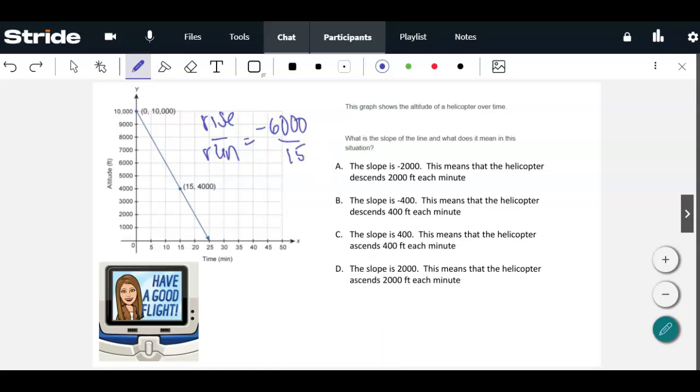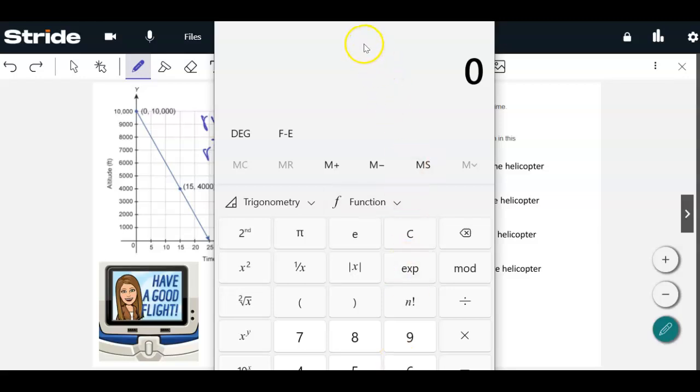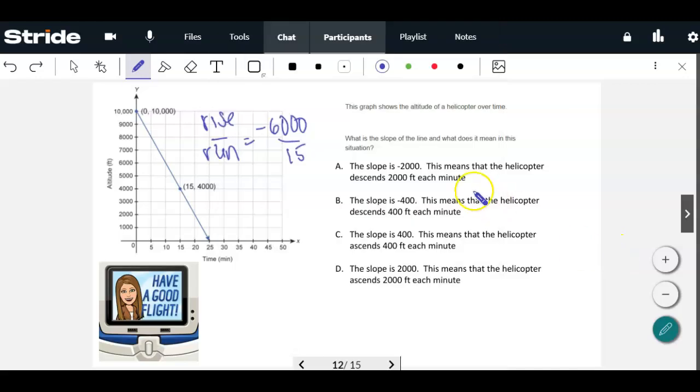I'm going to pop open the calculator, just do a little math here. This is the computer calculator. It won't let me move it. 6 divided by 15, so it comes out to 400. So down 400, so negative 400 because you have the negative.